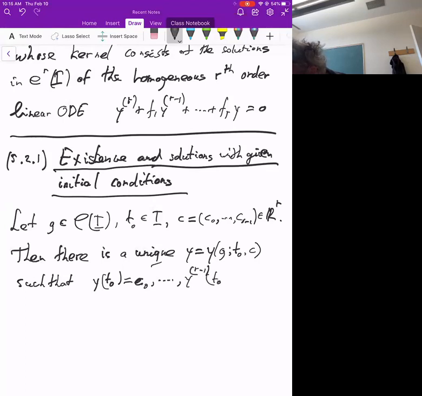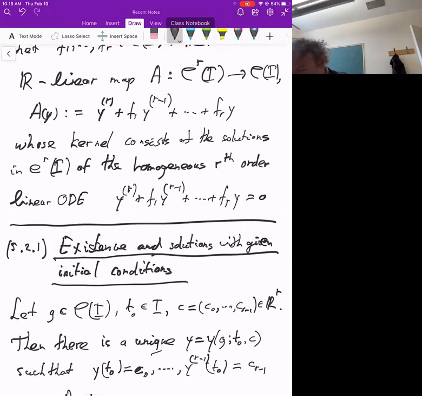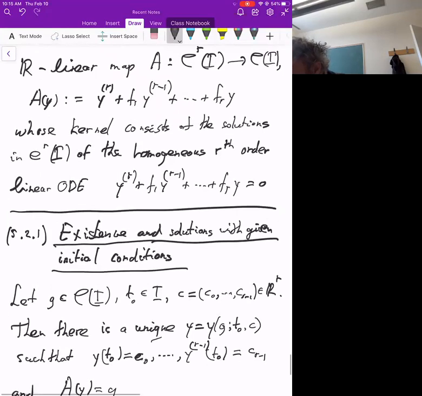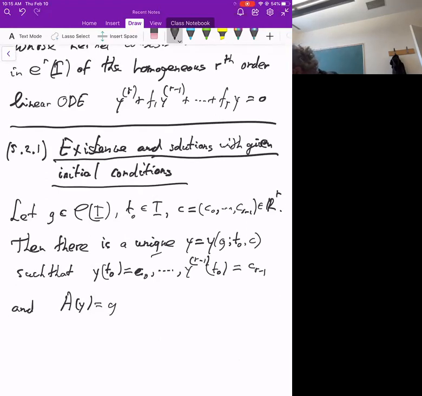We can arbitrarily prescribe the values of these derivatives at the initial point t0, and y satisfies the differential equation Ay equals g. Remember, A is this linear operator.